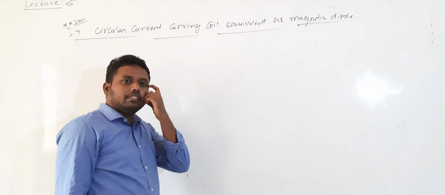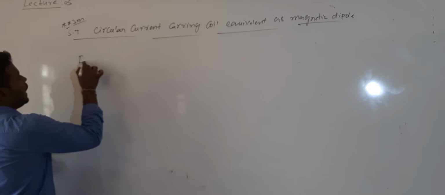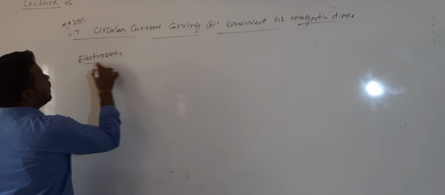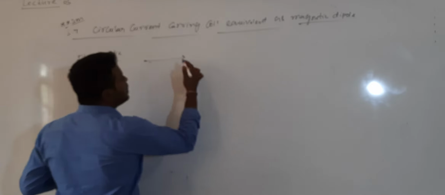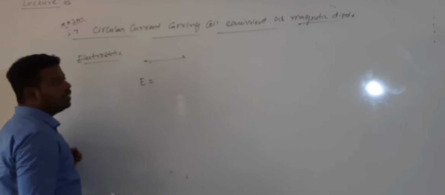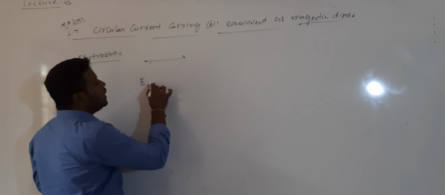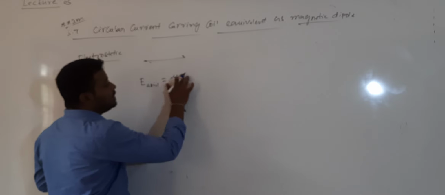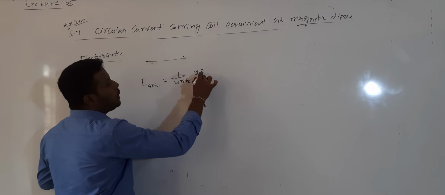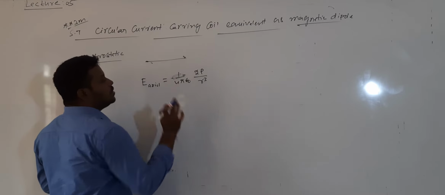In order to derive this, let me first recall electrostatics. When I consider an electric dipole, 2 equal and opposite charges are there. The electric field intensity at a point on its axial line is 1 by 4 pi epsilon naught into 2P by r cubed, along the direction of the dipole moment.